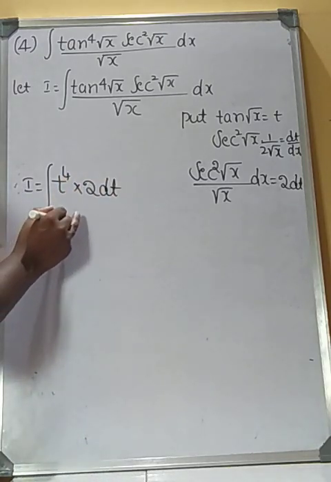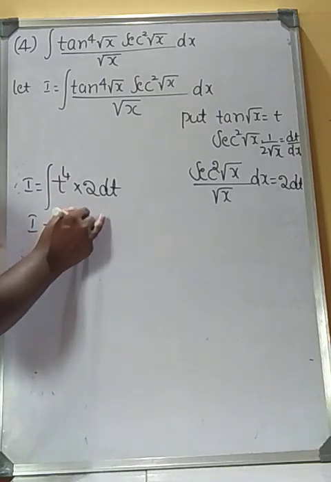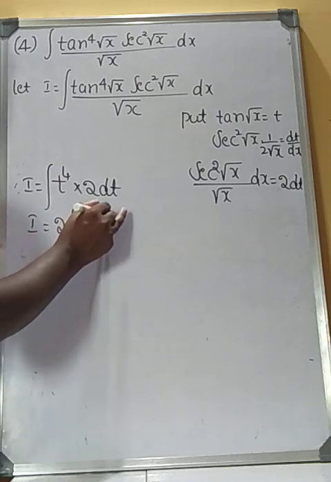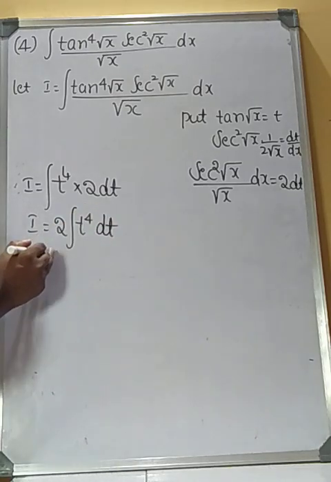Therefore I = 2 ∫ t^4 dt, taking 2 outside. I = 2 × t^5/5 + c.